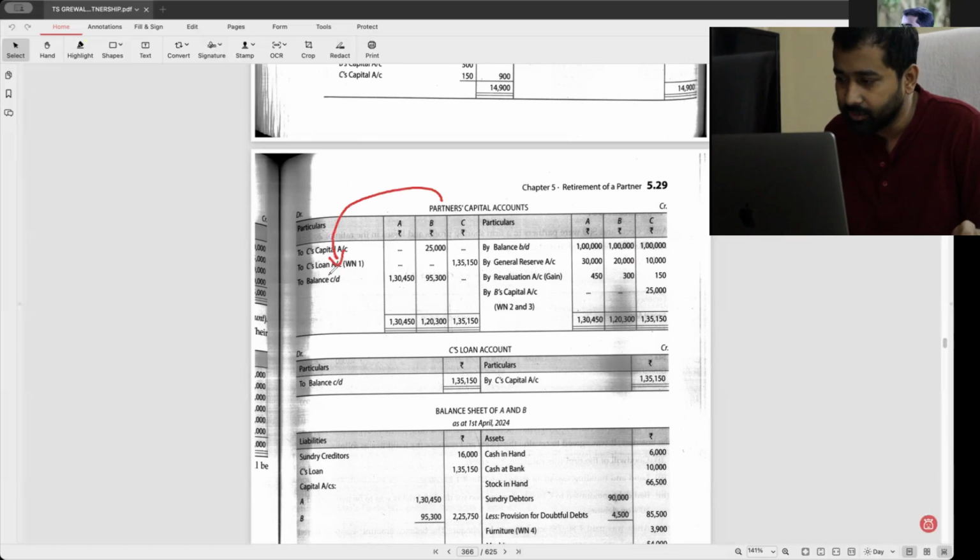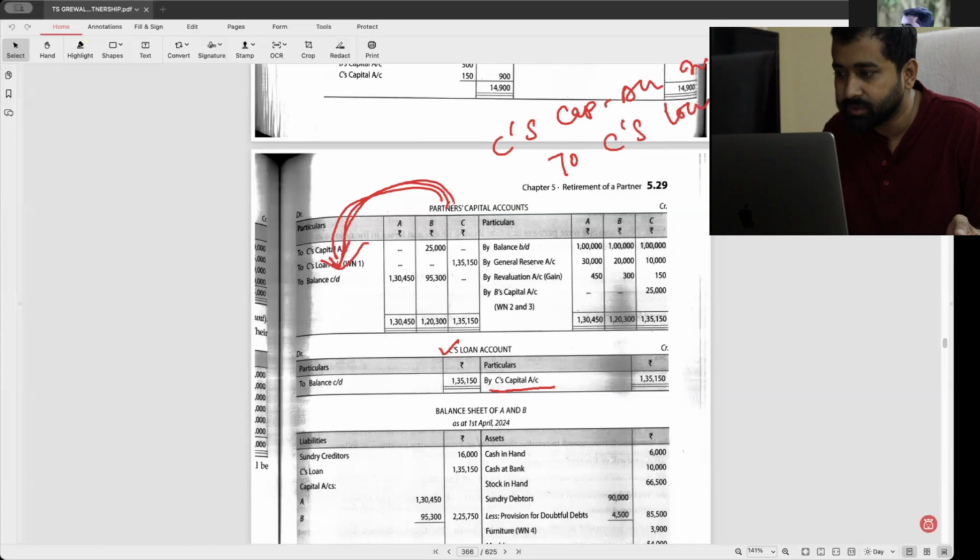You have written this side as balance carried down, so it is the balancing figure. So partners' capital account debit to C's loan account. Now I am making C's loan account. Can I write by C's capital? Simple, no? C's capital account debit to C's loan account.